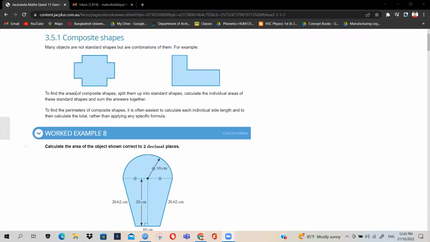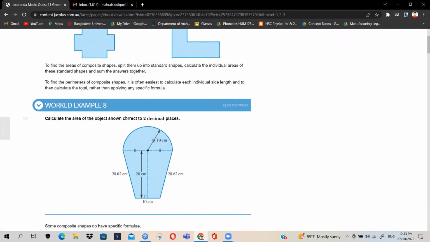To find the areas of composite shapes, split them up into standard shapes, calculate the individual areas of these standard shapes, and sum the answers together. To find the perimeters of composite shapes, it is often easiest to calculate each individual side length and then calculate the total.